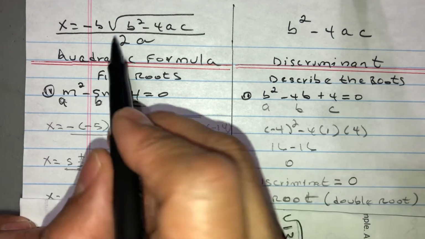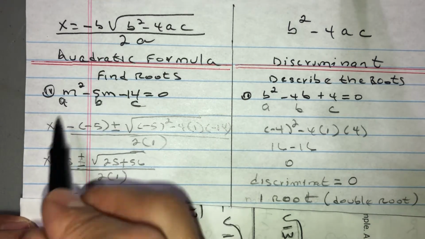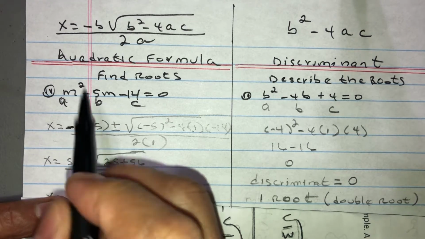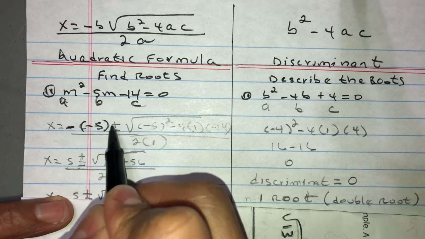So this is my equation right here, my formula. The negative will remain, that doesn't change. Now, because B is negative, remember, that goes in parentheses.